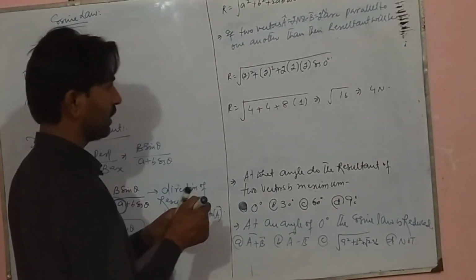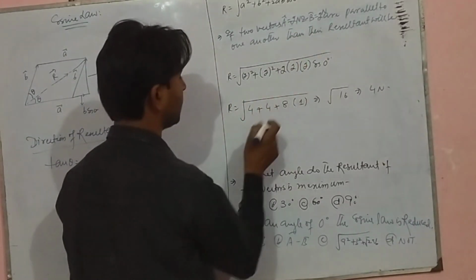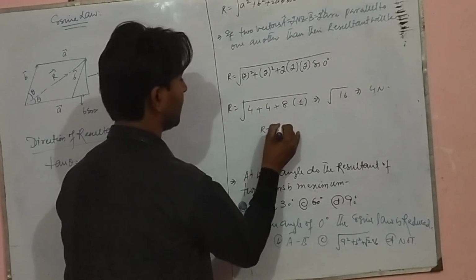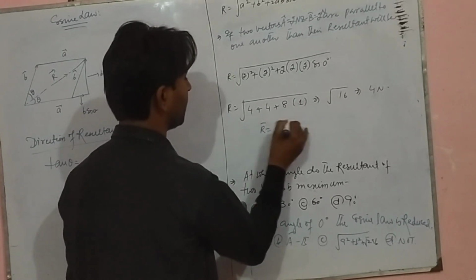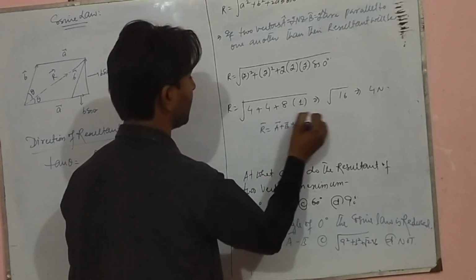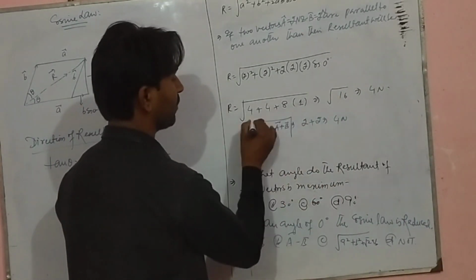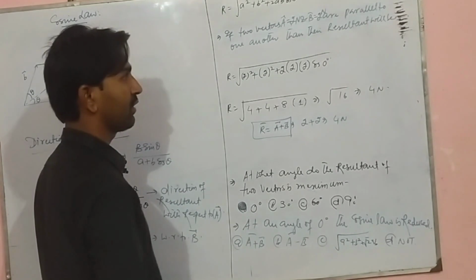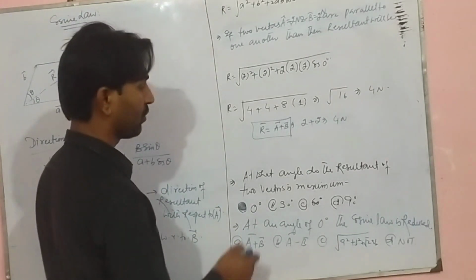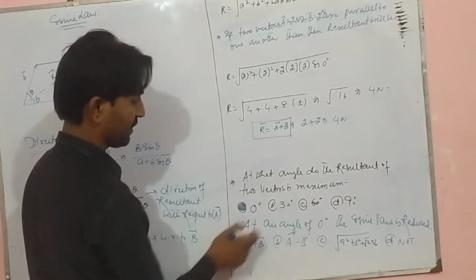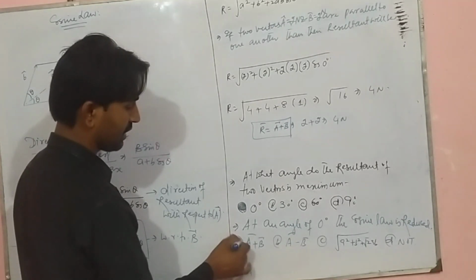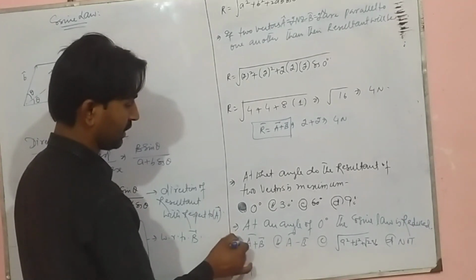Then if we add these both normally, the resultant will be a plus b, where a is equal to 2 and b is equal to 2. This is 4 Newton. So if the angle between two vectors is 0 degree, then the cosine law is reduced to a plus b. So the correct answer is a plus b.